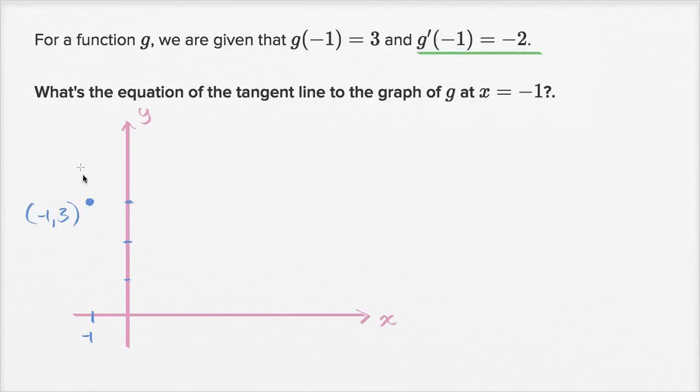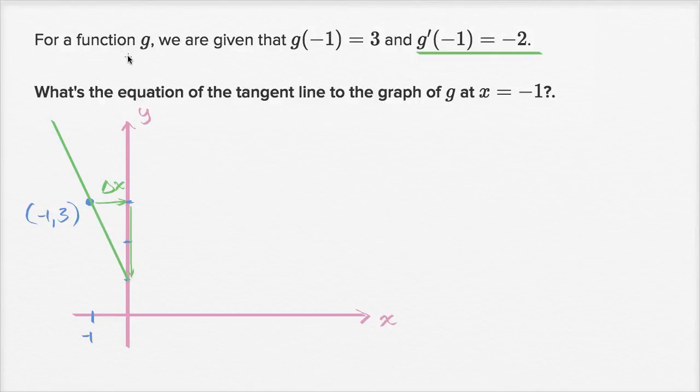A slope of -2 is going to look something like that. As we can see, if we move +1 in the x direction, we go down 2 in the y direction. So that has a slope of -2.